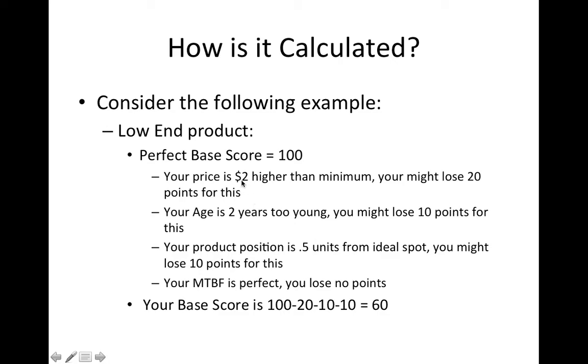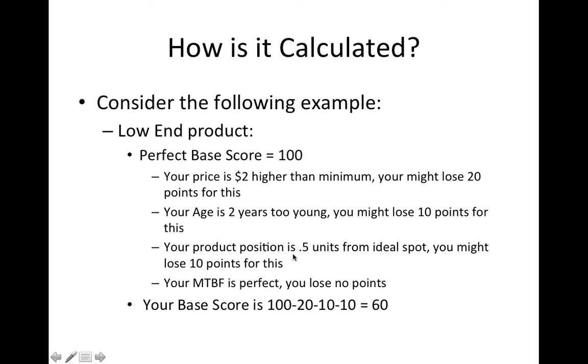I would encourage you, both price and age and MTBF and to some extent positioning, the team member guide gives you some graphics that give you some idea of how far out you are and how extreme that affects your points and so forth. Again, it's not a formula, but it can give you some insight into this. So let's say we went from 100 points down to 80, and then because of age we went down to 70.